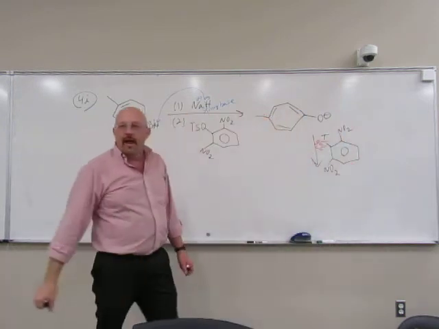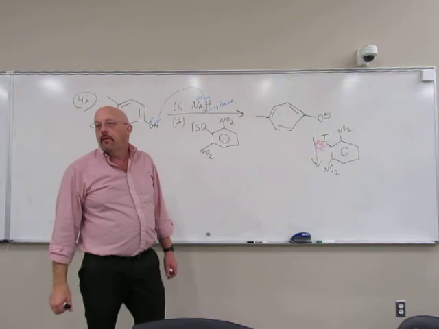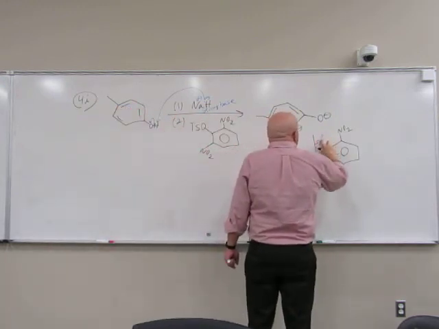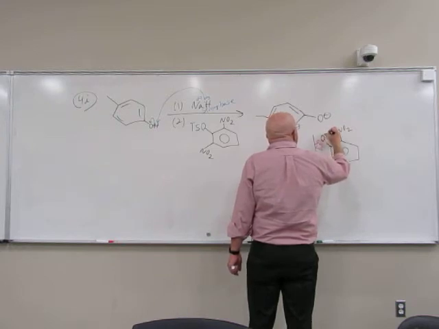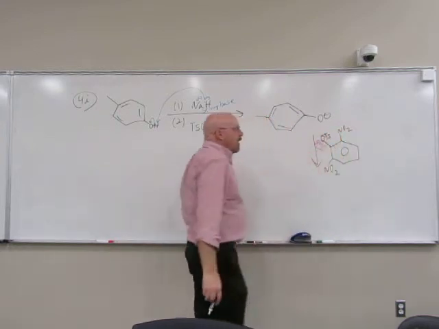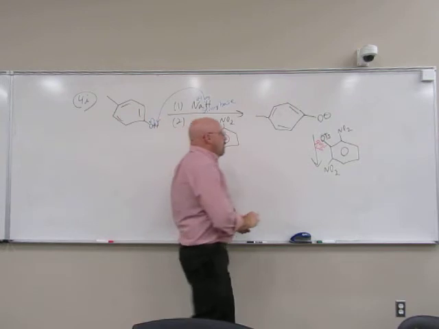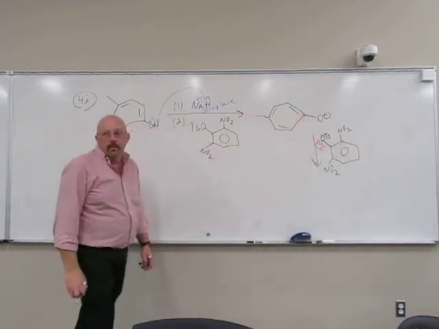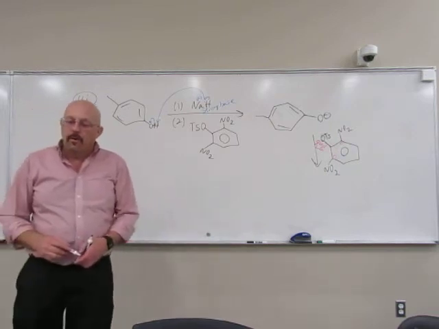It's just as good as the iodide, if not better. Now, if it was an iodide, you know exactly what to do. I got nitro groups that are ortho to a very good leaving group. That's ortho, both of them. So what kind of reaction are we going to do here?